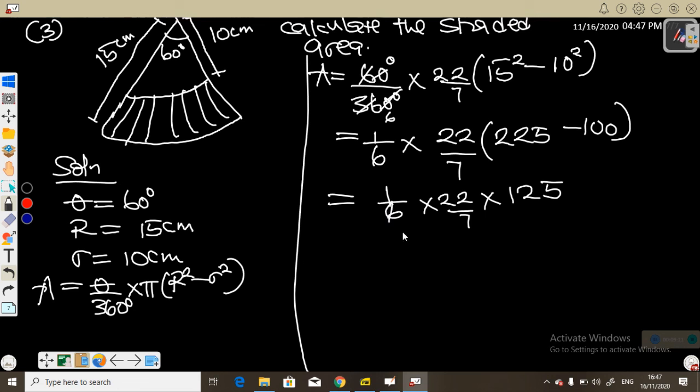Cancelling 2 here, we get 11. The 3 can't go into 125, so we have 125 times 11, which is 1375.